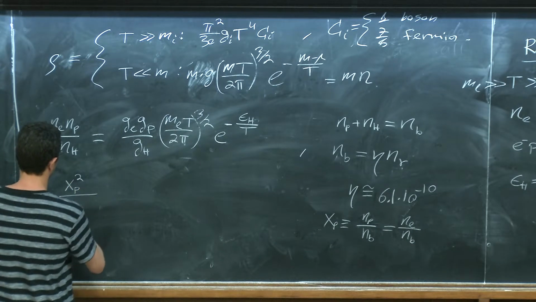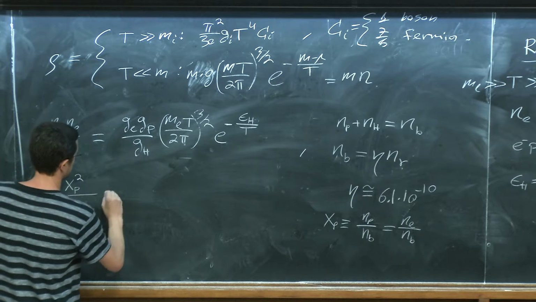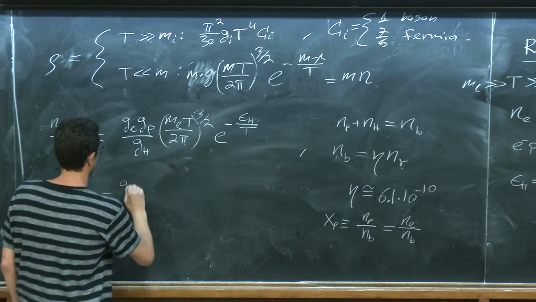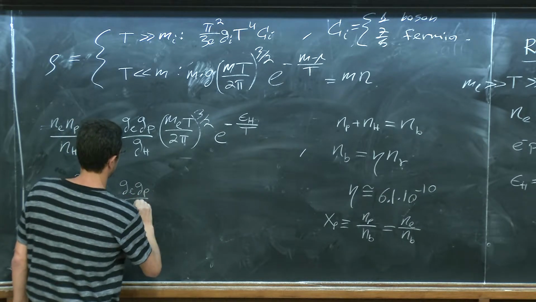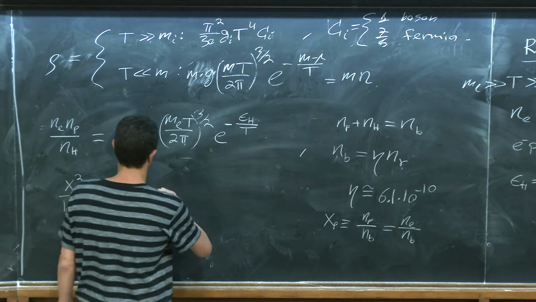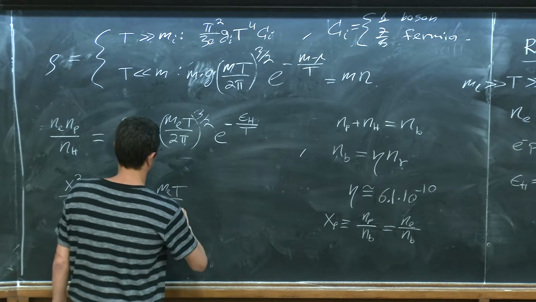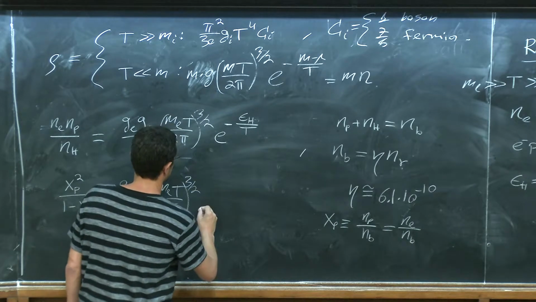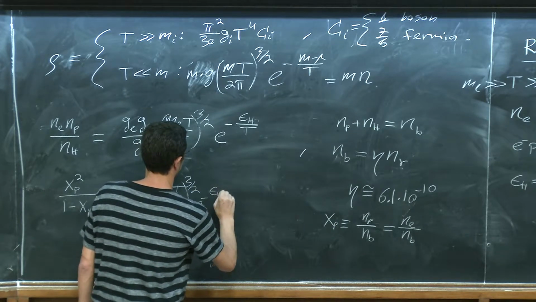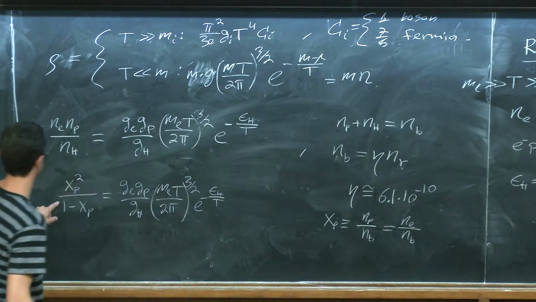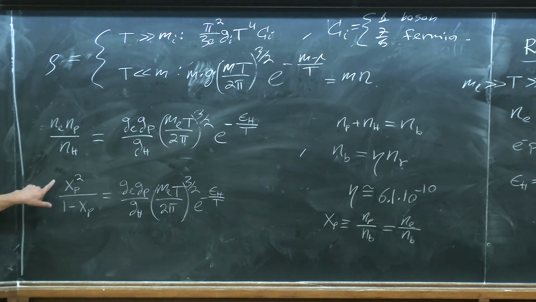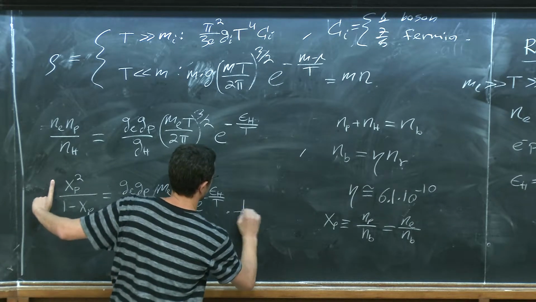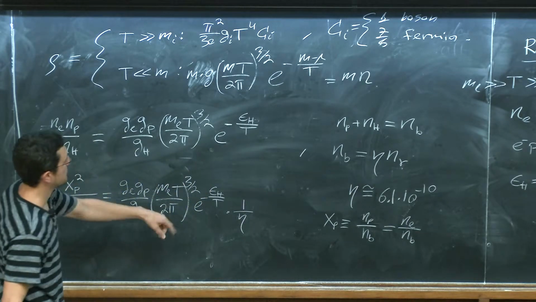X_P squared over 1 minus X_P is everything on the right. So I have g_E g_P over g_H over T. And I have here 1 over eta and n_gamma. So all of this is multiplied by 1 over eta and by 1 over n_gamma.